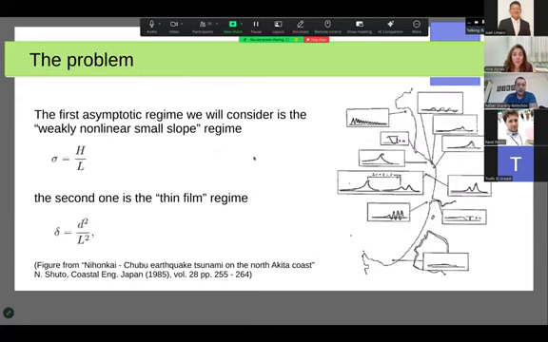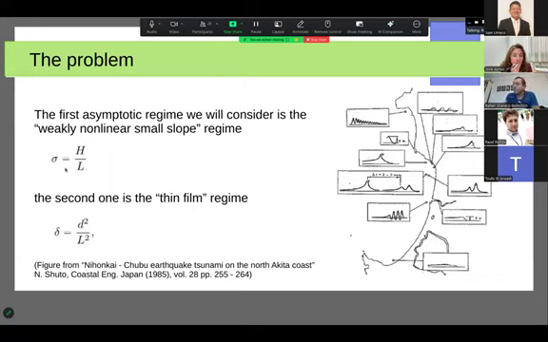And capital L will be the typical wavelength. We will assume that this is a dimensionless quantity, sigma, and that sigma is small. We are going to focus on the situation when sigma is small, instead of the full system that can fully describe every situation.